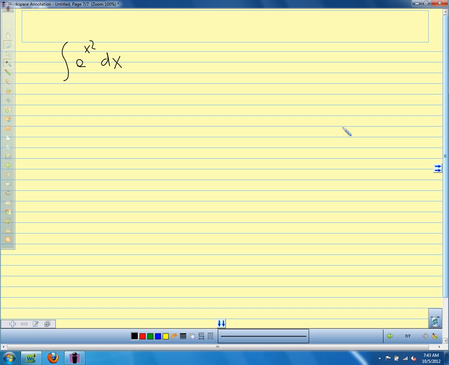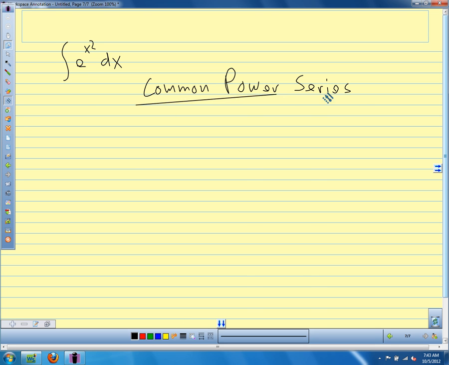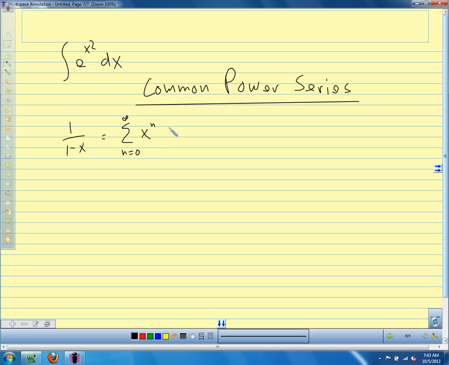Last thing I want to do is just list some common power series. Some of them I'm sure you guys already recognize. We've already talked about 1 over 1 minus x, and that's the sum from n equals 0 to infinity of x to the n, for absolute value of x less than 1.